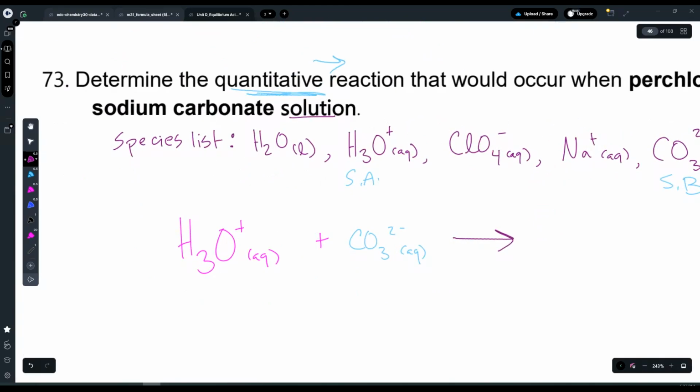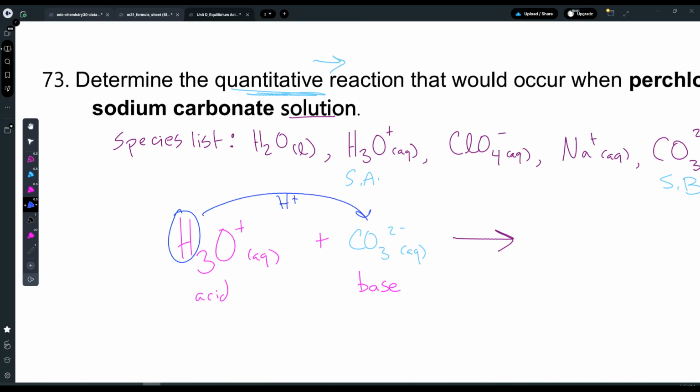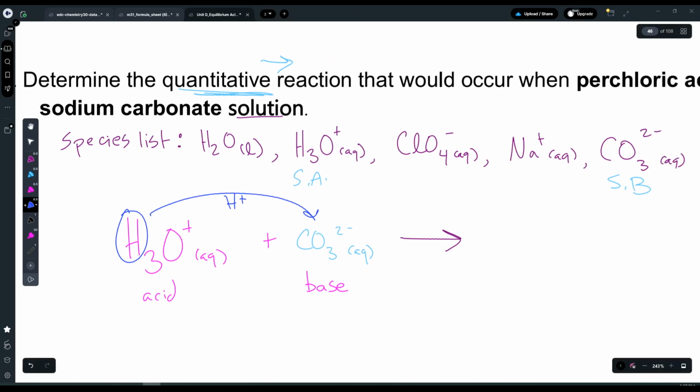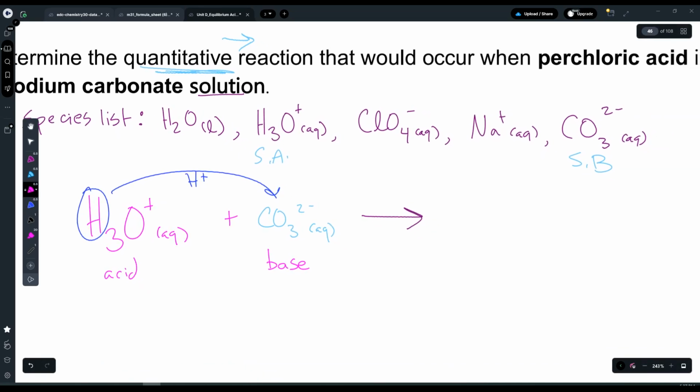Okay. Now, remember we have this as our acid, this as our base. So acid A for away, only one proton gets transferred. So then my products are going to be, if I imagine hydronium with one less hydrogen, that's H2O, so that's water. And we started off with a +1 charge.